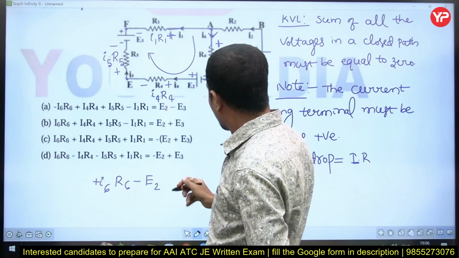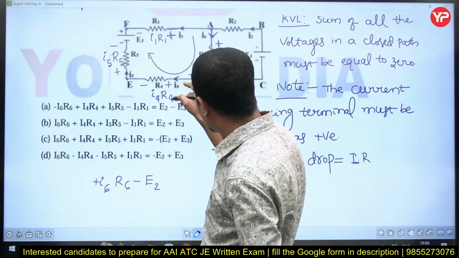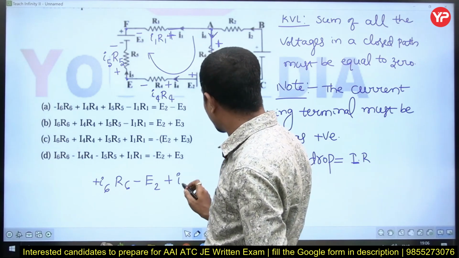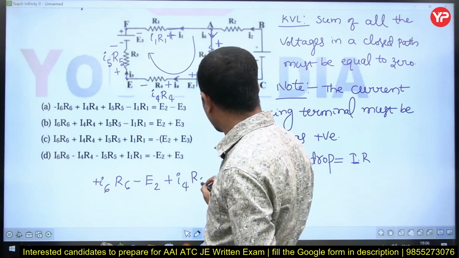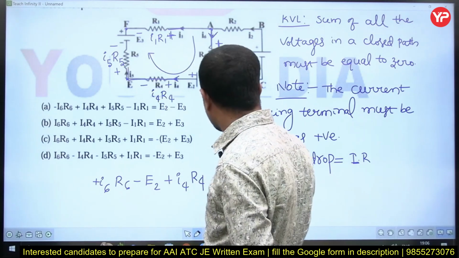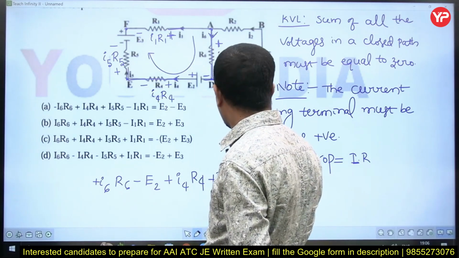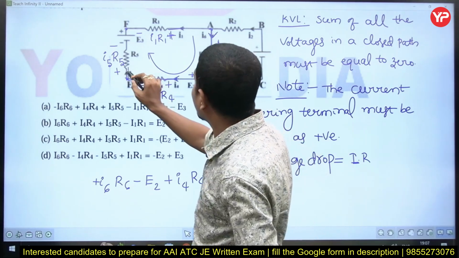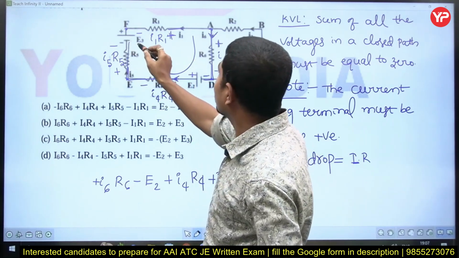Yes, this way. Next I am moving forward, I am able to see what? Plus I4 into R4. Let's go forward. I saw again plus, I5 into R5, right? Going up, minus E3. Why?